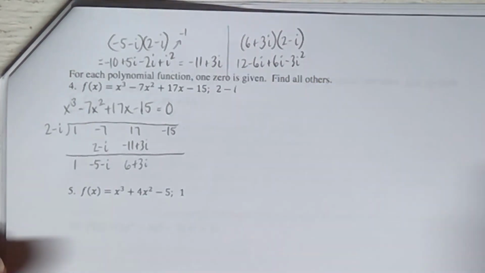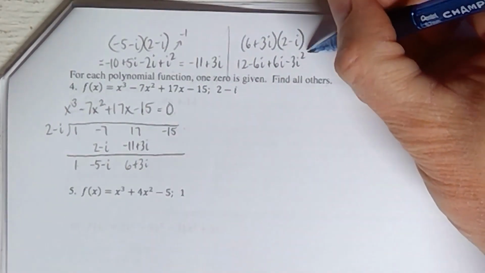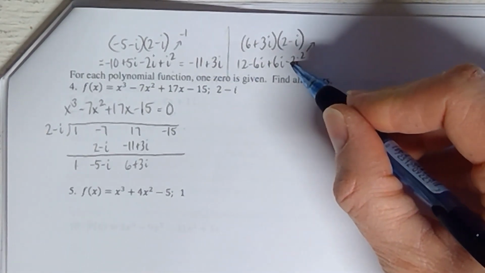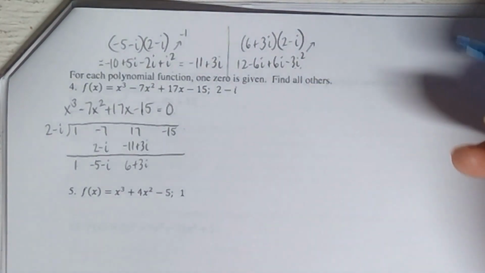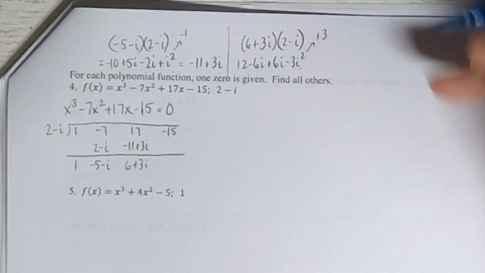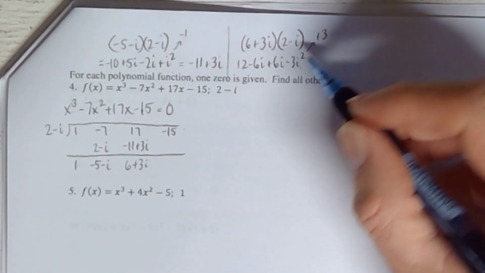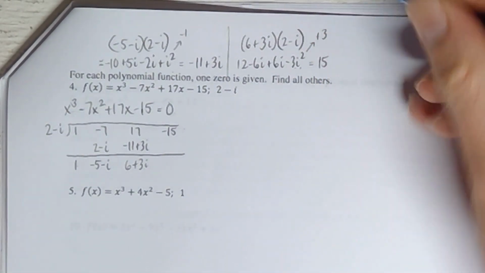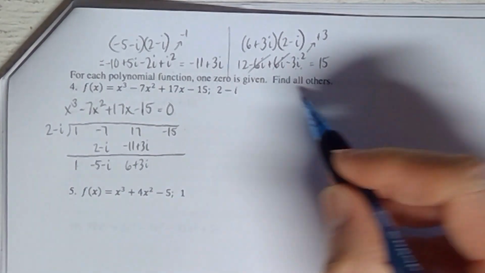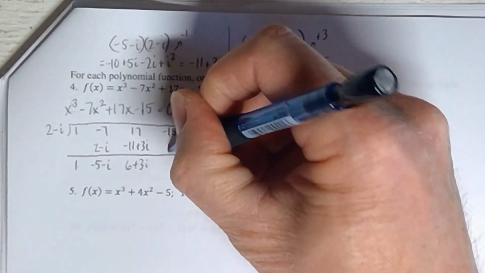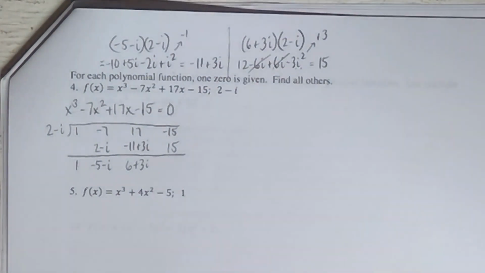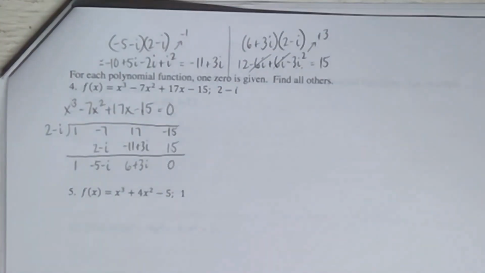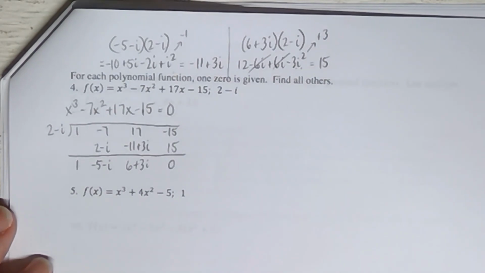Remember, minus 3i squared is the same thing as plus 3 because i squared is equal to negative 1. So when you multiply by the coefficient, it just changes the sign of the coefficient. Plus 3. So we get 12 plus 3 is 15. But then the i terms cancel, don't they? So that whole thing is just 15 with no i anymore. And that's good news because when I add on the final column, we get 0 like we're supposed to.